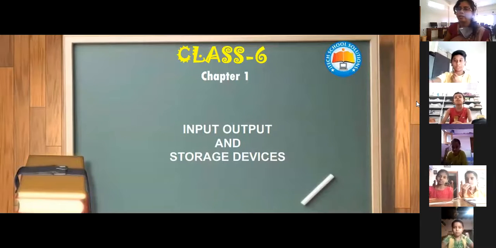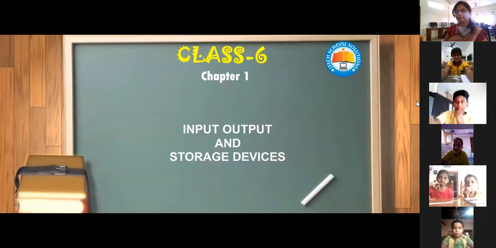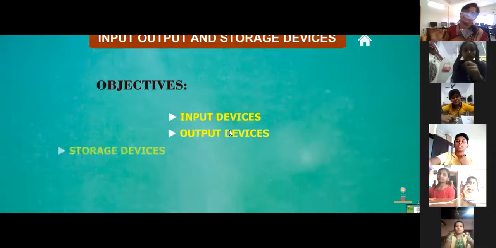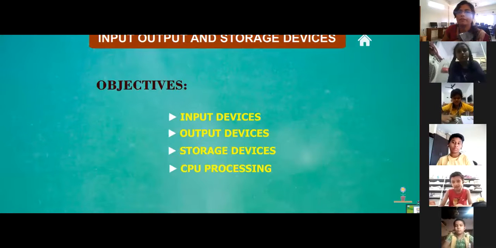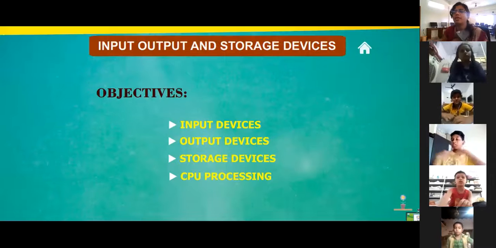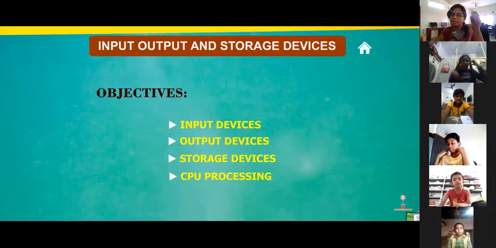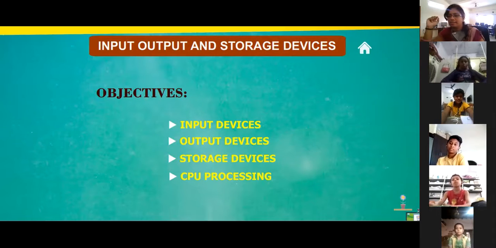Can somebody read what is written over there? Class 6, chapter 1, input, output, and storage devices. The objective of reading this chapter is that we will be able to understand the input devices, the output devices, the storage devices, and the CPU processing devices.